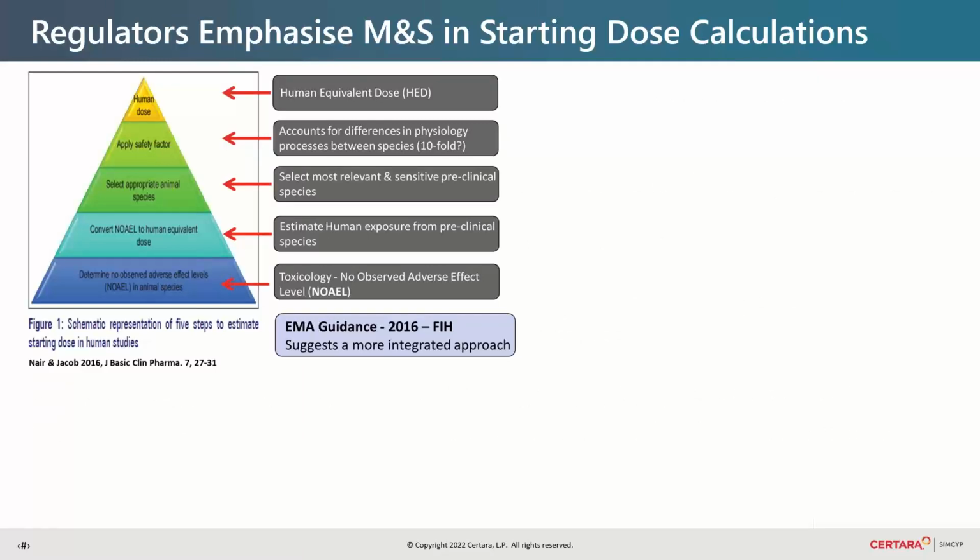Obviously, the regulators are starting to put emphasis on modeling and simulation in starting dose calculations. So this is a typical workflow. You have some NOAEL from a toxicology study, you make an estimate of human exposure, you select your most sensitive preclinical species, account for differences, and then predict the human equivalent dose.